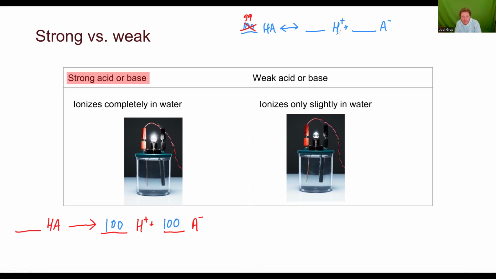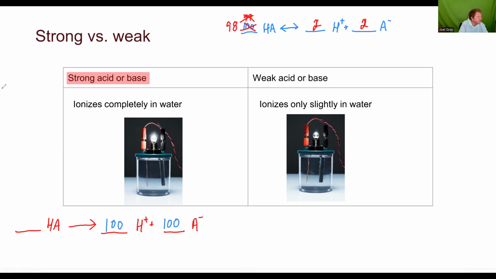So how many free H's and how many free A's are there? Perfect, 1 and 1. Now another one is going to separate. Now we've got 98 HAs. What's my number of H's up to now? 2. My number of A's is also up to 2. Perfect.